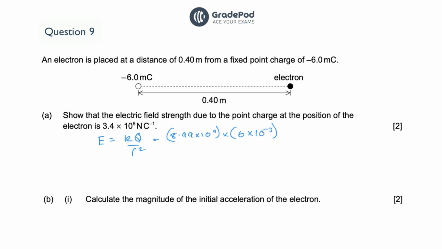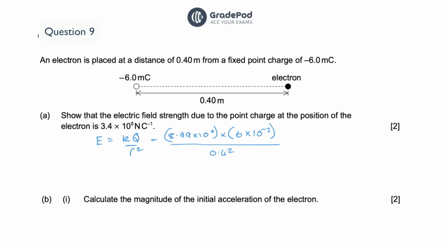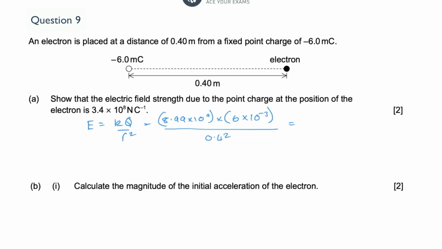We're really just looking at the magnitude of it, so we don't need to put the direction in. And R squared is 0.4 squared. Let's plug all of that into our calculator, and that gives 3.37 times 10 to the 8 newtons per coulomb. We're going to give everything to two significant figures, so 3.4 times 10 to the 8 newtons per coulomb, which is what the question asked.